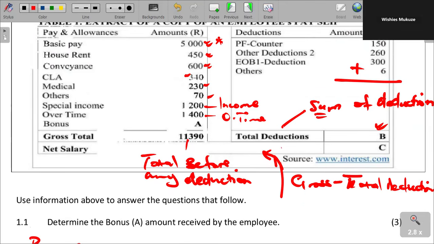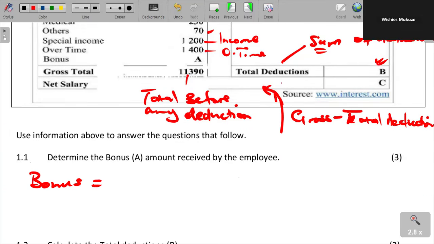We add all these and subtract them from gross.